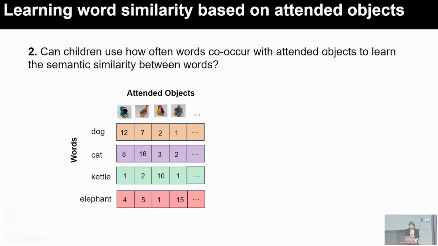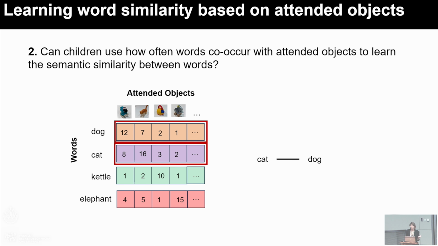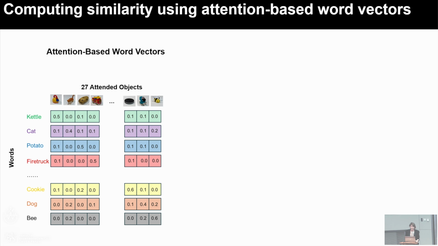Our second question, again, was whether children can use how often a word co-occurred with different objects to infer the semantic similarity between words. So the way that we did this is we treated each word as a vector whose dimensions corresponded to children's attention to different objects. So here the cells indicated, for instance, what proportion of time when the child heard the word kettle, they were attending to the kettle object versus one of the other 27 toys.